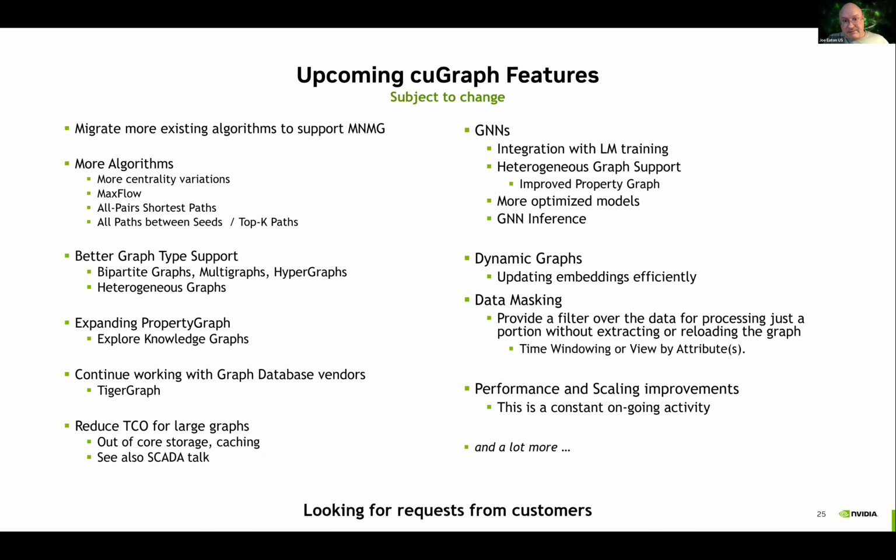Okay, upcoming features. We talked about language models, RAG support for retrieval augmented generation with knowledge graphs, adding all pairs shortest paths, maximum flow calculations on graphs, supporting more types of graphs. Graphs is a huge world of hypergraphs, multigraphs, heterogeneous multigraphs.